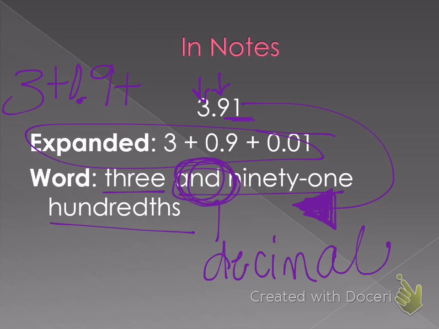I cannot just put 0.1 because that would actually be 1/10. I'm referring to 1 hundredth. So the last one has to be 0 in the tenths place and putting that 1 in the hundredths place value. It is very important to make sure all of your numbers are actually in the place value that they are in the original problem when you go to make them in expanded form.